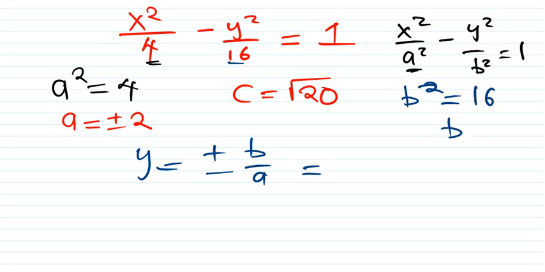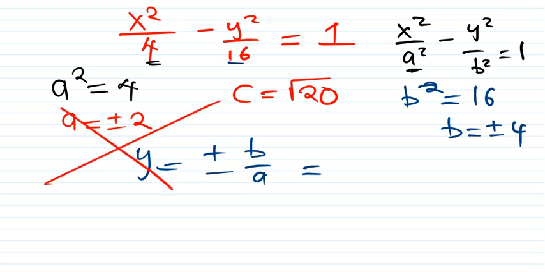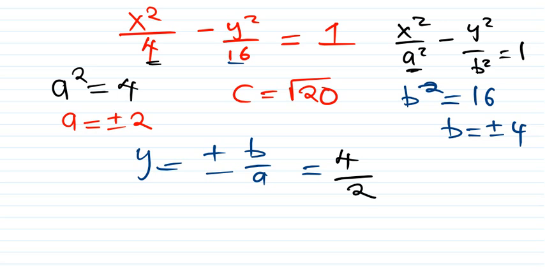So our b in itself is going to be plus or minus 4. Now we understand that for the asymptote that's sloping like this, it's positive, this one negative. So we're going to have 4 over our a, which we found to be 2.